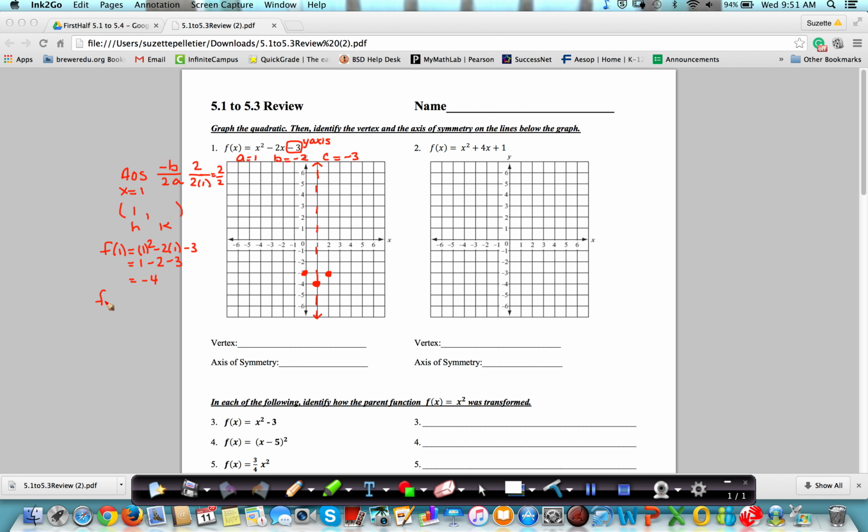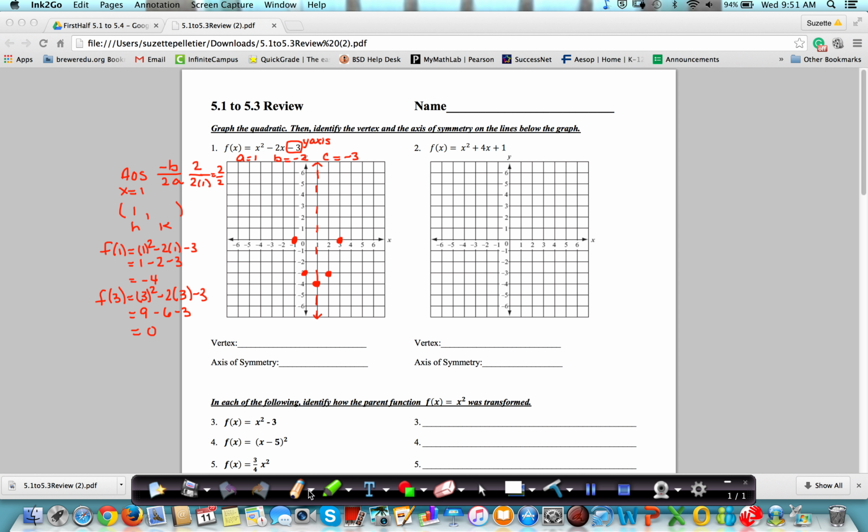So I'm going to do 3 since it's a positive value and I don't want to mess with negatives if I don't have to. So 3 squared minus 2 times 3 minus 3. 3 squared is 9. Minus 6 minus 3 means I get 3, 0. And it's 2 units to the right. So I'm going to go 2 units to the left.